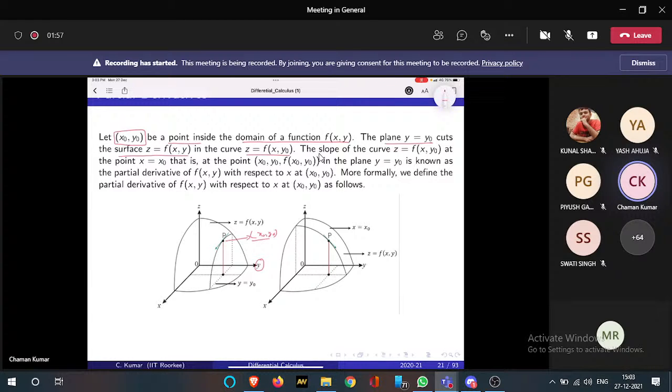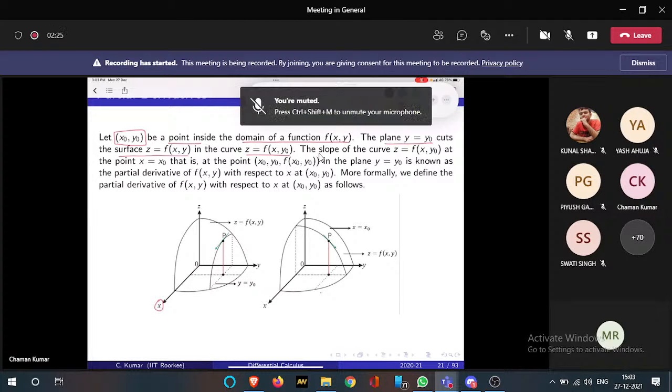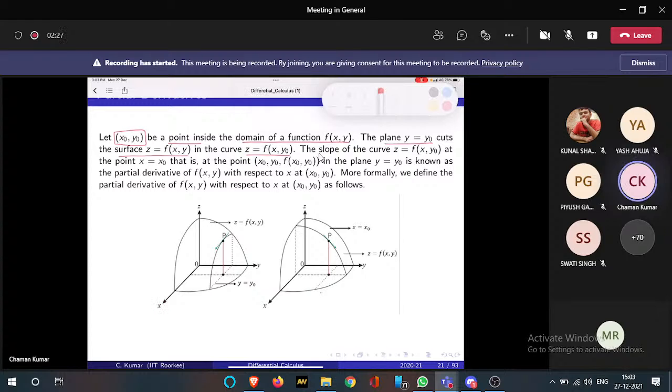On the y-axis, you take y naught, and corresponding to this, you will have a plane like this. You can see that we have a plane here. Fine. So this plane will cut the surface to give us a curve. So this is the curve we have.